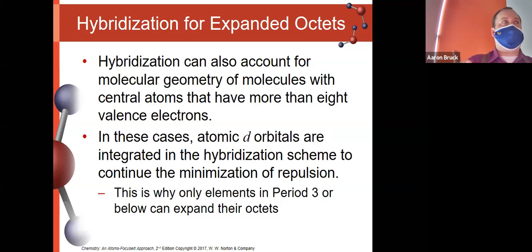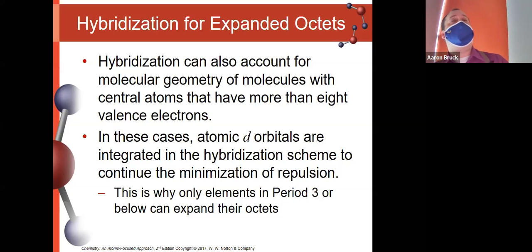That is that outermost energy level, the s and the p sublevels in particular. If we're going to go hypervalent, we have no choice but to integrate d orbitals into that discussion. That's the only other place where we can stash extra electrons.